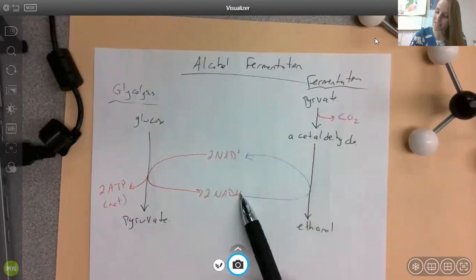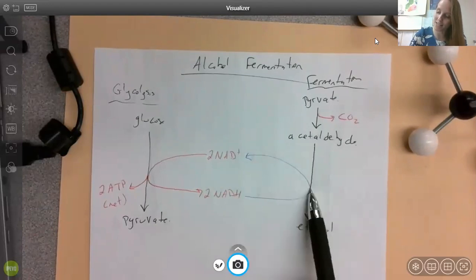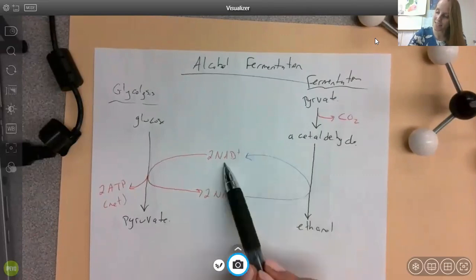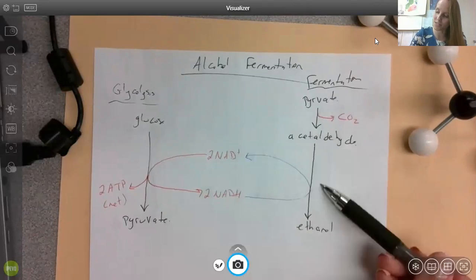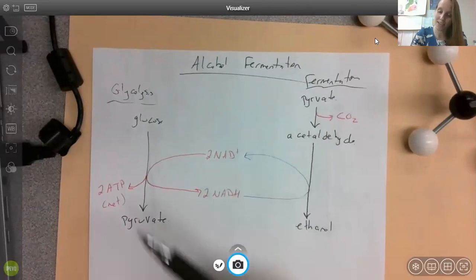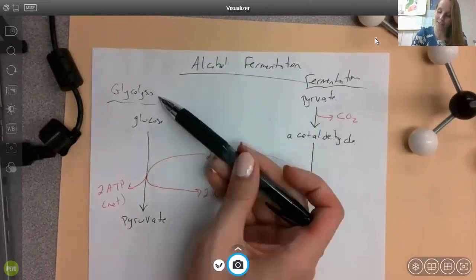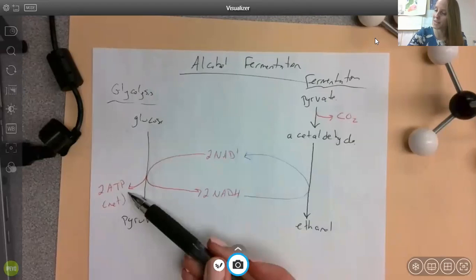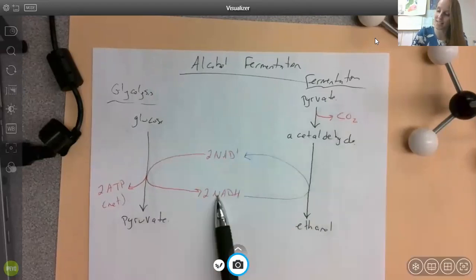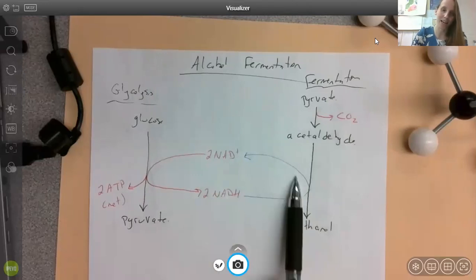In that process, the NADH is oxidized to turn back into the NAD+, and the acetaldehyde is reduced to turn into ethanol. So that is a redox reaction that's happening right there. And the whole point of the glycolysis portion is to make the ATP. The whole point of the fermentation process is just to recycle the NADH back into the NAD+.